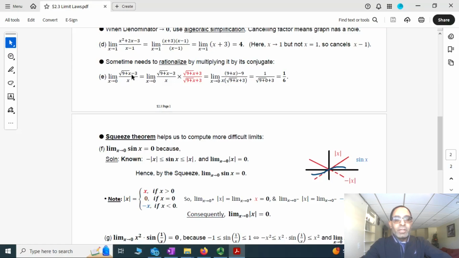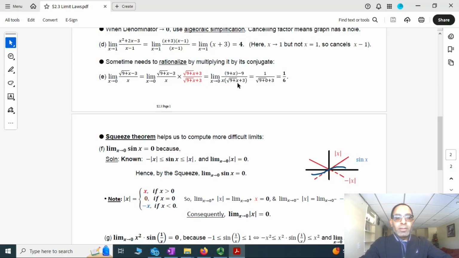So the algebraic trick is, in our numerator, we have radical 9 plus x, outside minus 3. So now we are multiplying and dividing by the conjugate of radical 9 plus x minus 3. So the conjugate here is simply change the minus sign to plus. So here, this is the conjugate of radical 9 plus x minus 3. We multiply and divide by the same expression.